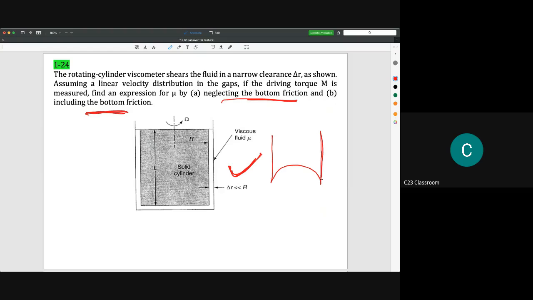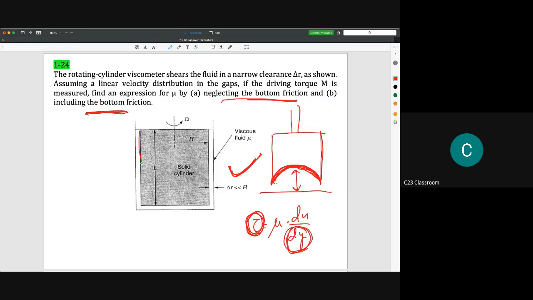In this situation, the bottom surface is curved like this, so it will create a very large gap. As you know, tau is equal to mu du/dy. That means the increment of y, the increment of the gap here, gives less shear stress effect. So in this situation, it is okay for us to eliminate the effect of viscosity at the bottom part.